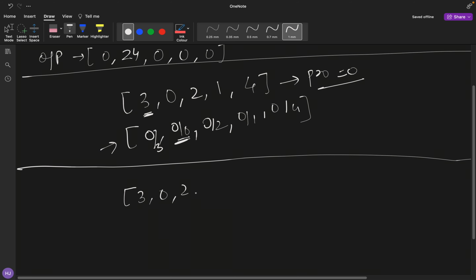Take 3, 0, 2, 1 and 4. What I can do is simply find out the products except self, so it turns out to be 0.